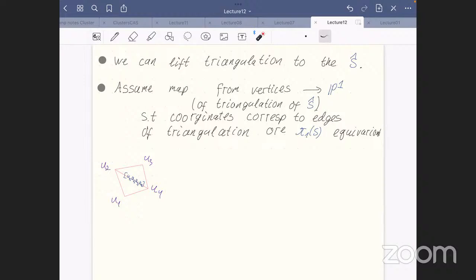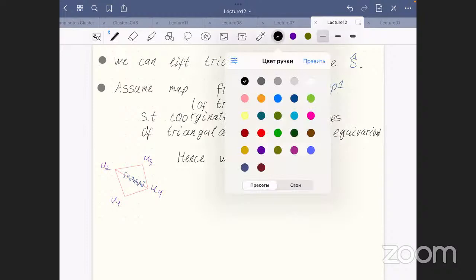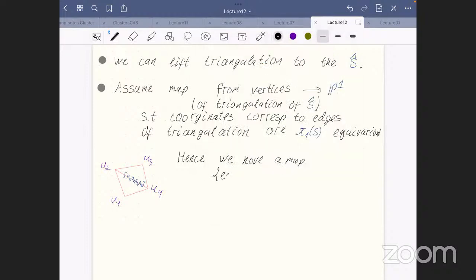And I assume this condition means that actually the variables are assigned to edges on the original triangulation. So hence we have a map which goes from edges on original surface.